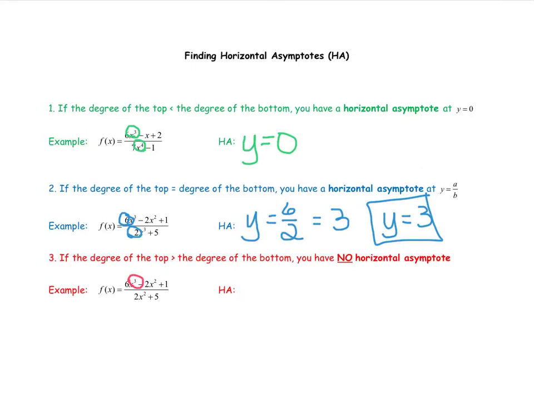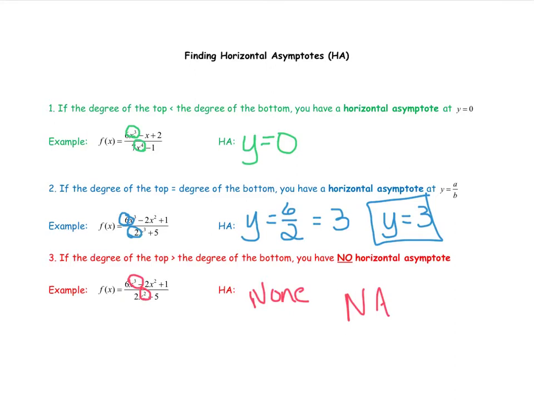And if I look at my denominator, my largest degree is 2, so that's a polynomial to the second degree. Now, my numerator's degree is greater than my denominator's degree, so that means there is no horizontal asymptote. So you could write none, or you could write NA for not applicable.